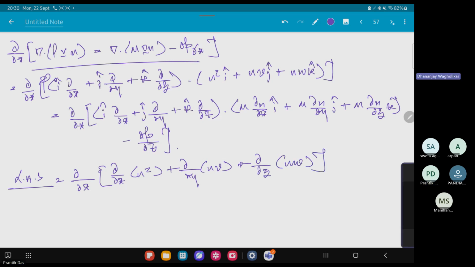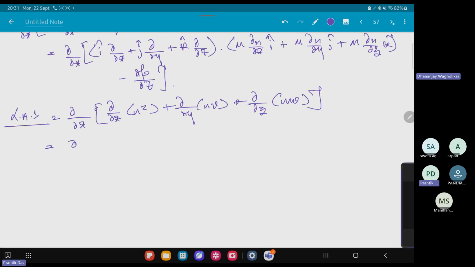Okay, so now as I've said earlier, I will always look for the opportunity to use the continuity equation while taking the divergence of the momentum equation itself, and then I will try to reduce it. So this is equal to ddx of u du dx plus u du dx.